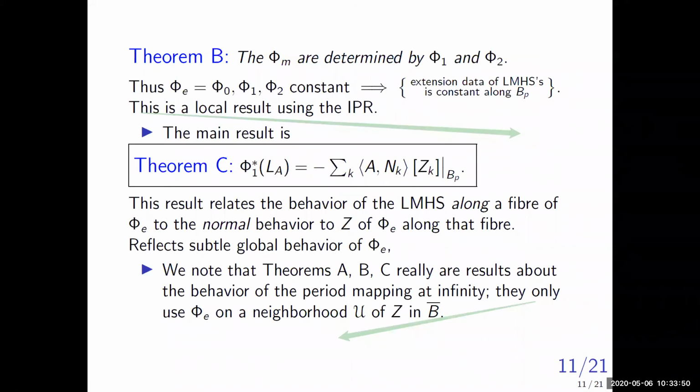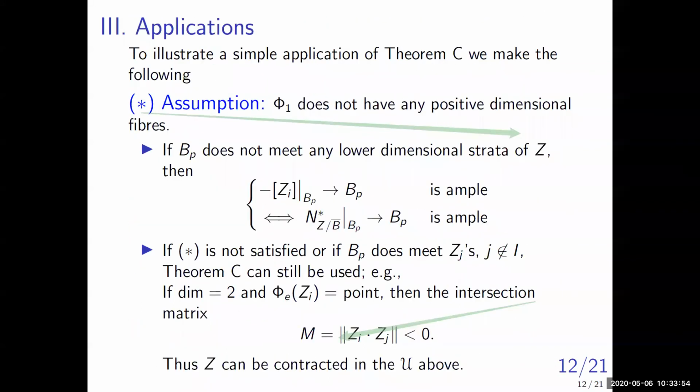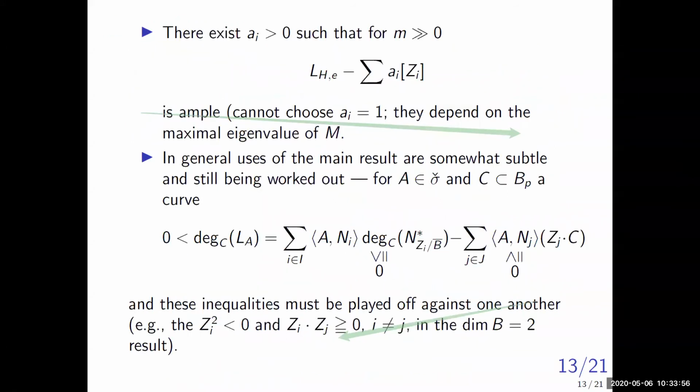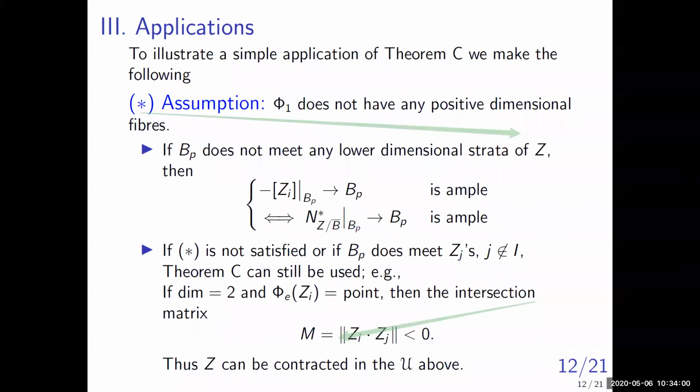If that assumption is not satisfied, you can still do some things. So for example, let's just take the case where the dimension of B is 2. So we're looking at the simplest case.